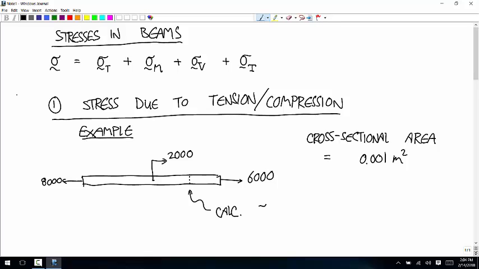So we want to calculate the stress tensor due to tension along that dotted line. And our coordinate system, this is the coordinate system we always use for internal loads, has the x-axis pointing to the right along the long axis of the beam, and the y-axis up, and then the z-axis would be coming towards us.